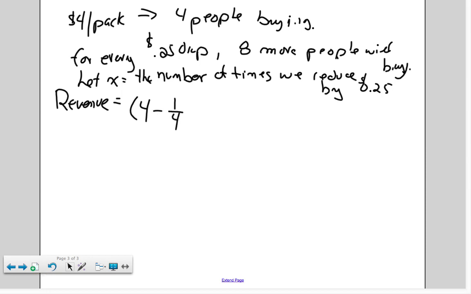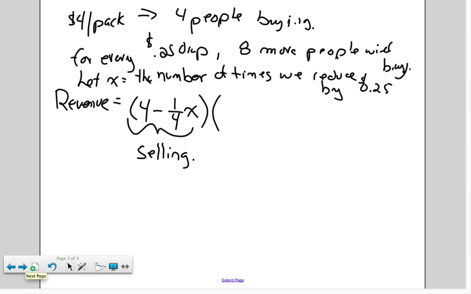But if I drop it by a quarter of a dollar for every time, and then multiply it by, so this is the cost. Or this is the selling price. This is how much I'm selling it for.